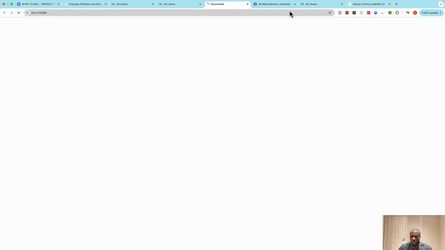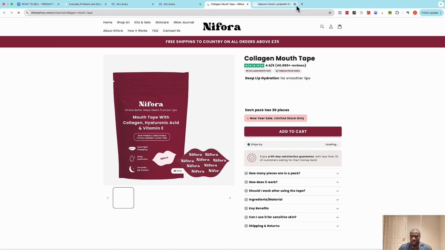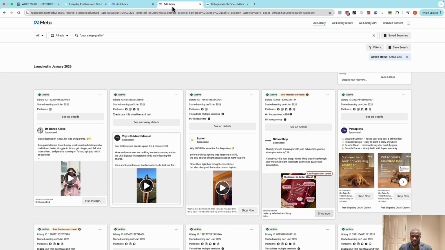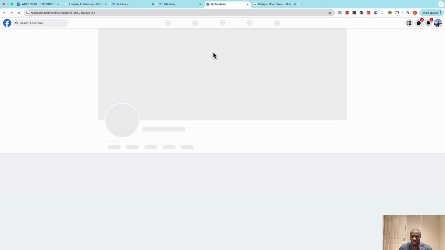We'll just close this tab just to keep us organized. So this product is a collagen mouth tape. Okay, collagen mouth tape. Now, again, I'm going to click through their ads and see what kind of ads they're running and see if they're running a lot of ads as well.